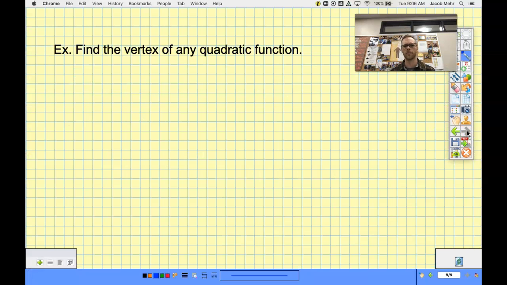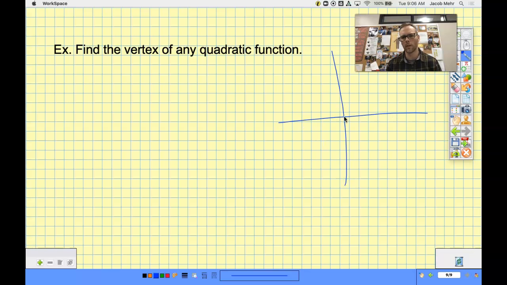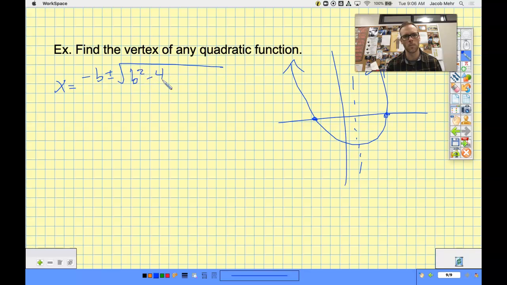I'm going to jump ahead here. Find the vertex of any quadratic equation. Well, if you remember, when we did this, if we have a quadratic function, we know the vertex is always halfway between our x-intercepts. And we said with a quadratic, the x-intercepts are always -b plus or minus the square root of b squared minus 4ac over 2a.